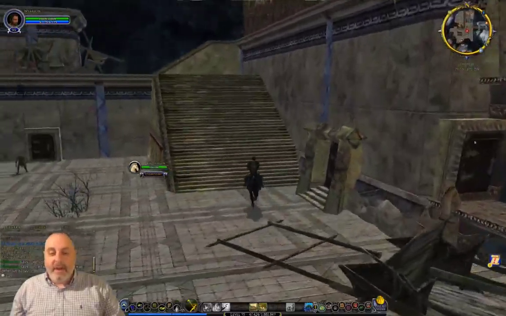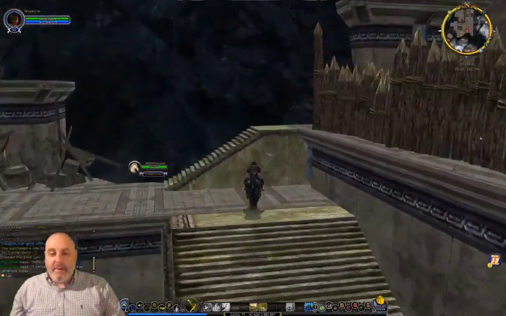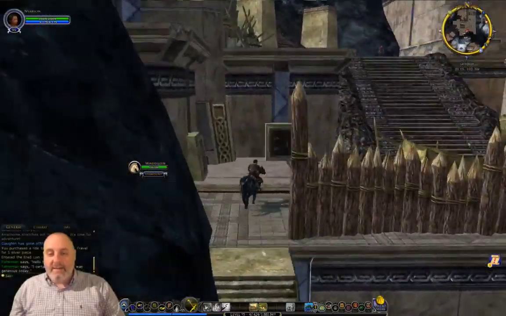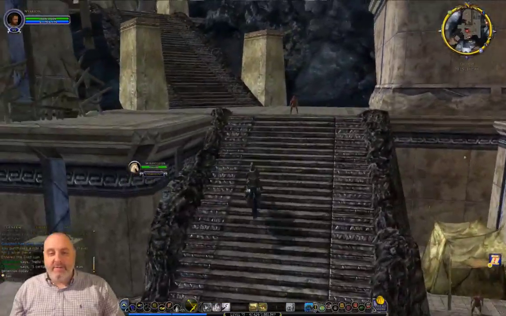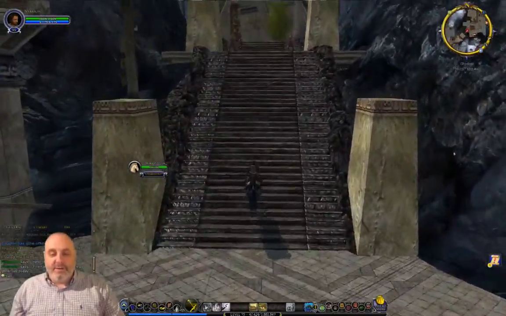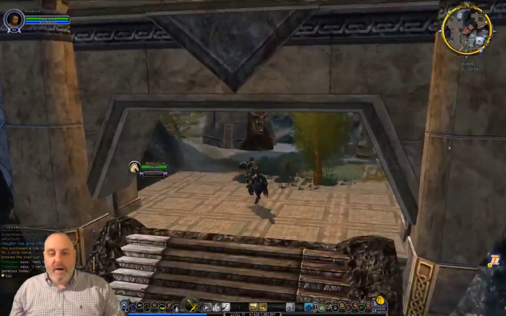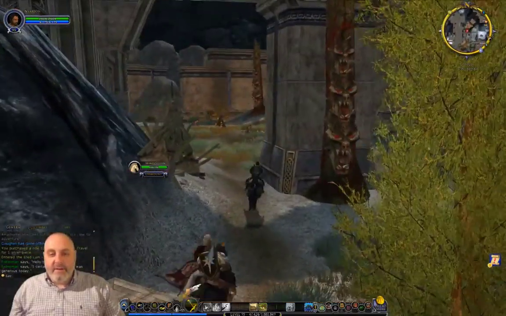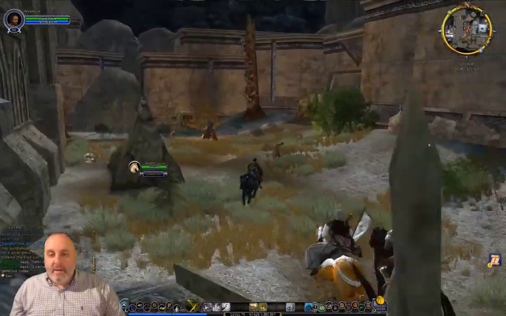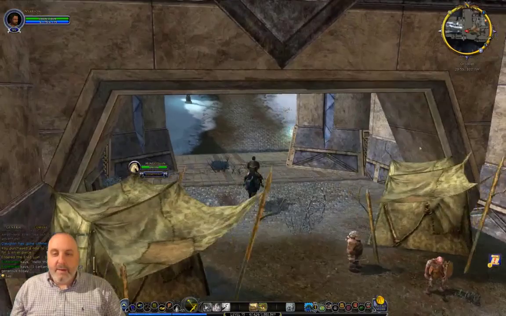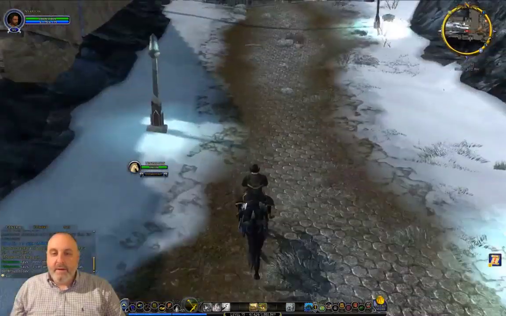When the Longbeards came, they rebuilt this bit of it, the external bit, to use this as a stronghold, because it's like several different terraces and stuff. So all of this is Longbeardish until we get all the way up into the mouth of the beast here.